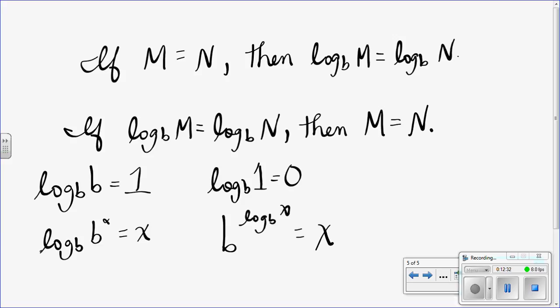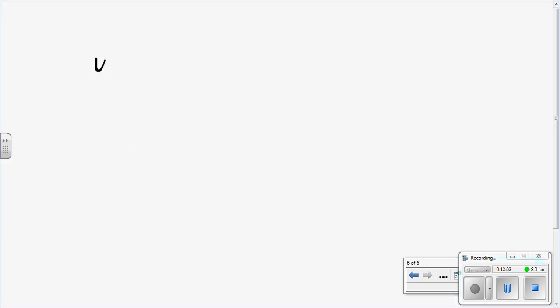Alright, so let's expand and condense. Let's practice some of these. Remember what button on your calculator that e is over? It's LN, right.